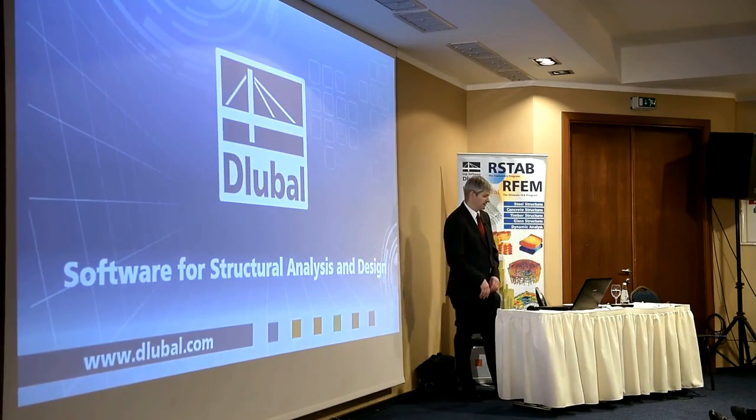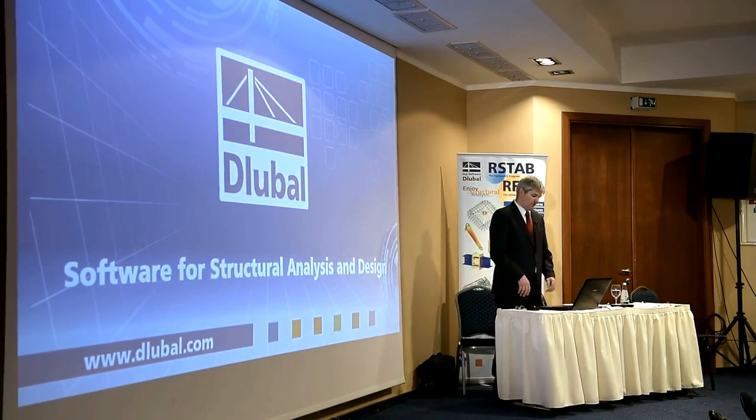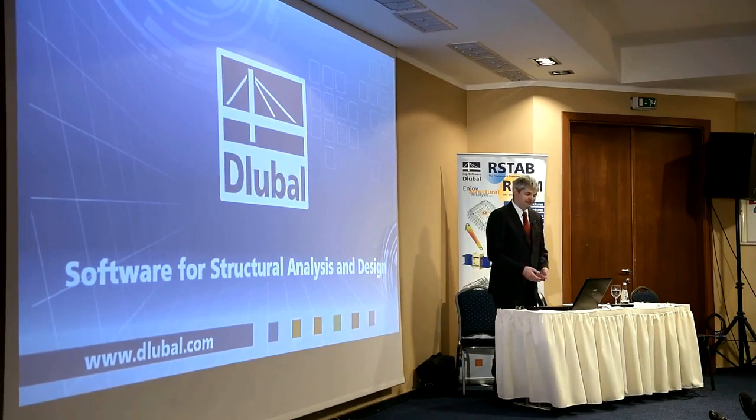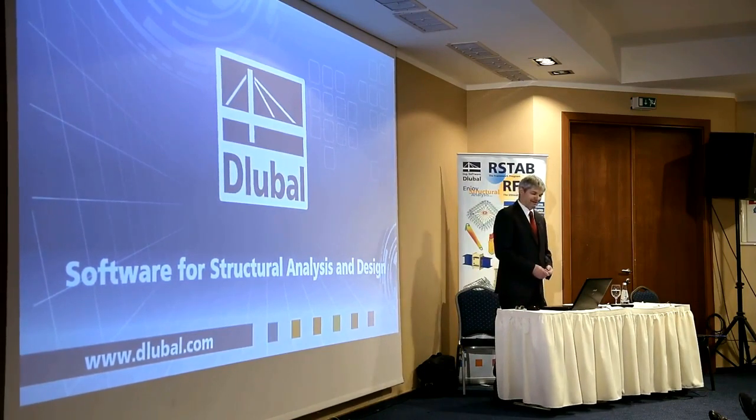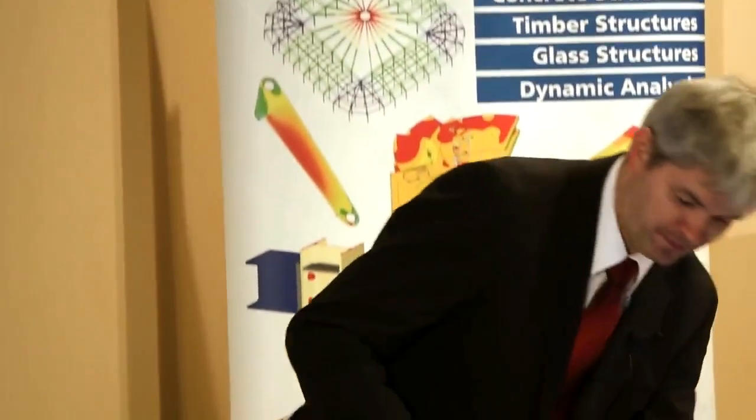Okay, so far for the brief introduction to our company, and now I'm going into the software, and I'm going to show you. Maybe you will say it's a simple model, but I'm going to use it to show some basic things, some tricks, and some new things that we have introduced in the software, and I hope it will be interesting to all of you.